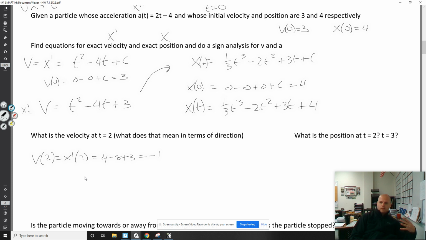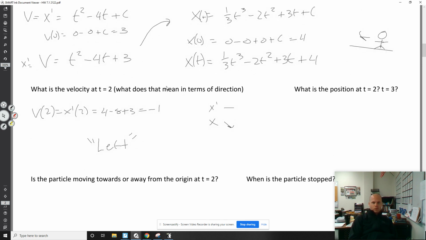Position is decreasing, moving left. Eventually, you'll skip all that stuff I said and just say velocity is negative, moving left. But it's really like x prime is negative, which means x is decreasing. If x is decreasing, on my number line, my dude is moving to the left.